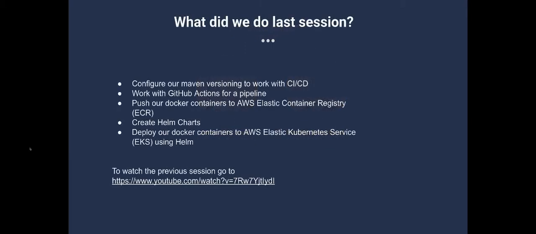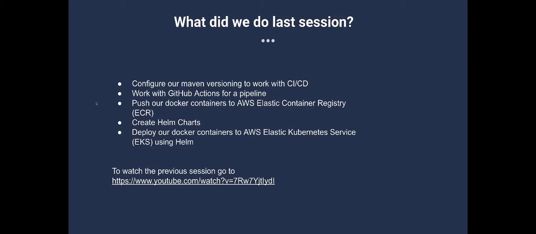Yes, hello everyone. All right, so let's recap what we did the last session. In that session, we worked a little bit with automation and deployment. So we configured our Maven artifacts to actually work with versioning in a pipeline. We worked with GitHub Actions specifically to create the pipelines.